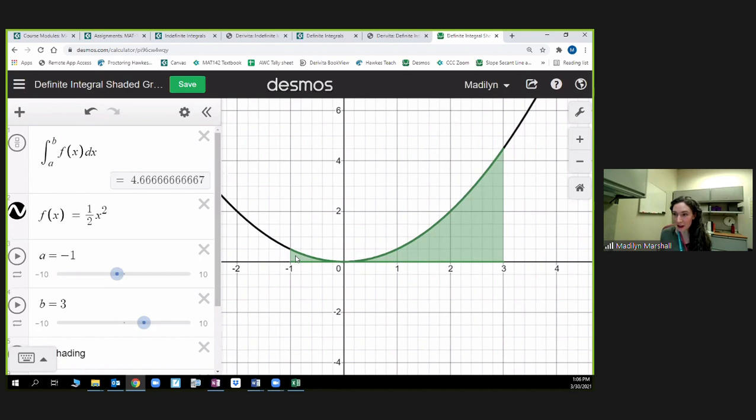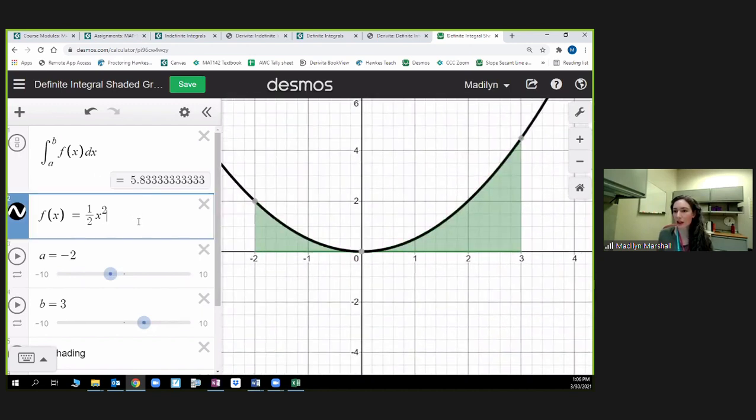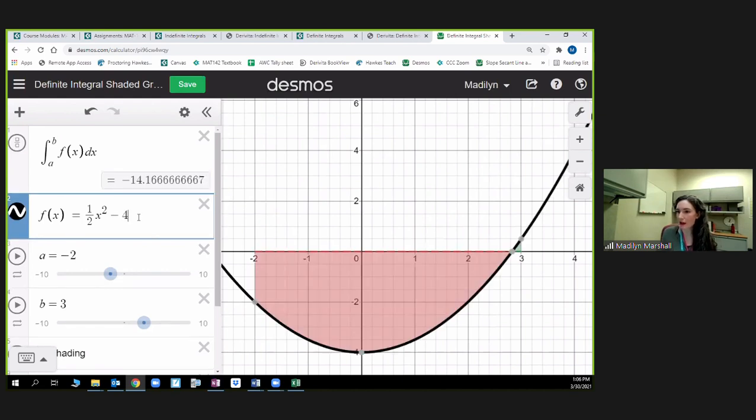So for now, we are seeing this area between this curve and the x-axis as the physical representation of our integral. This particular curve never goes below the x-axis, so I am going to change this so that now it is partially below the x-axis.